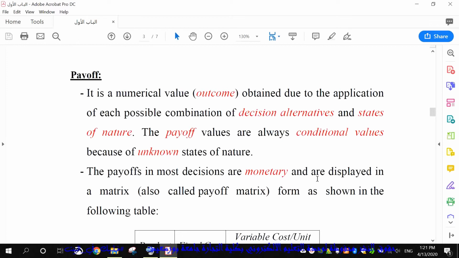The payoffs in most decisions are monetary and are displayed in a matrix form as shown in the following table. And this is called the payoff matrix.